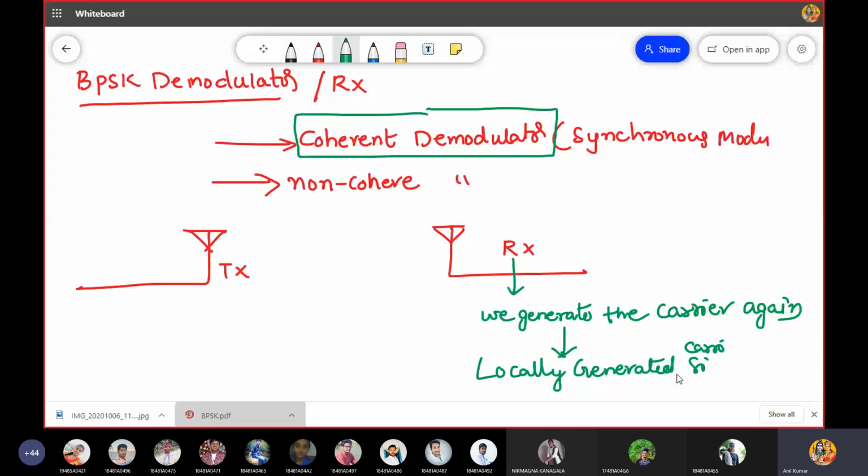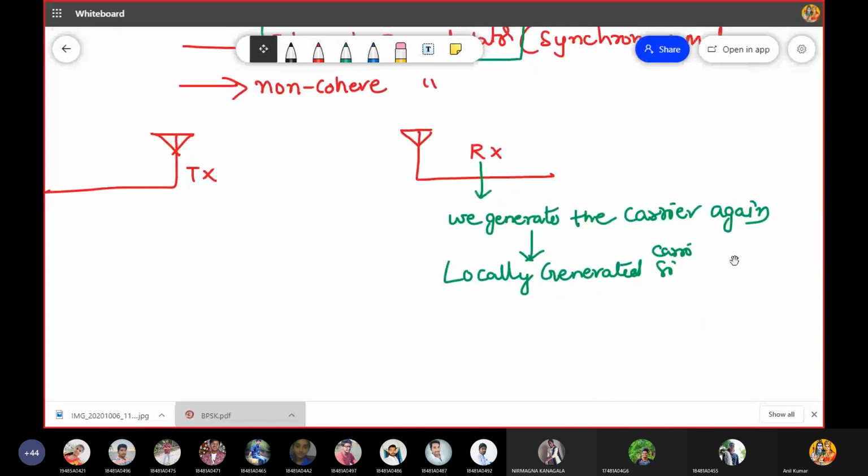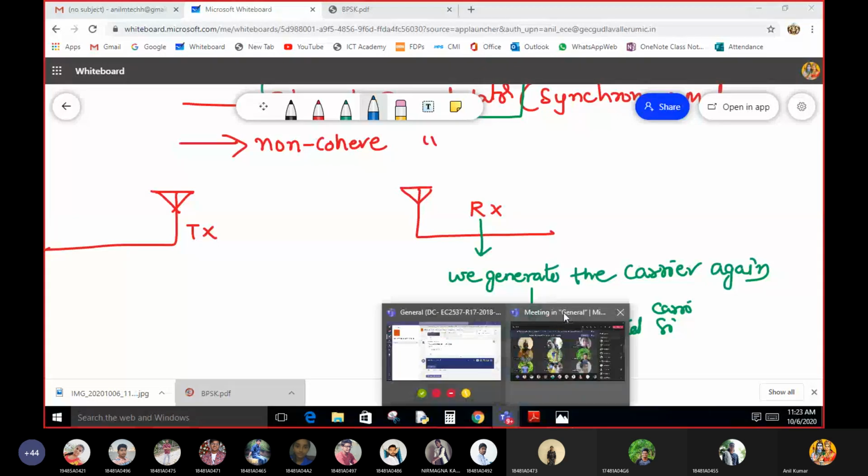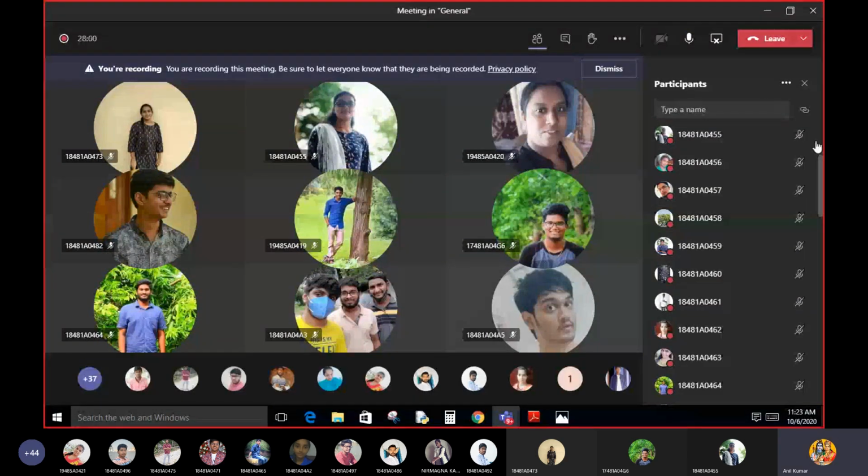The carrier signal that is generated within the receiver is called the locally generated carrier signal.